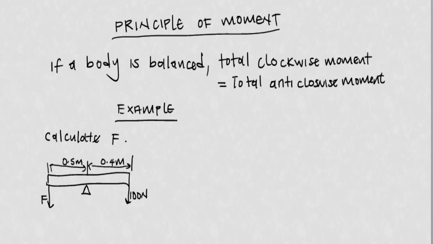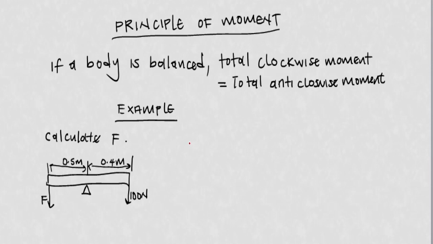How can you find force F? Using the principle of moment. Now this is simple and straightforward. What we have said for a body in equilibrium, meaning the one which is balanced, the total clockwise moment should be equal to the total anti-clockwise moment. So what it means is that it's one and the same.